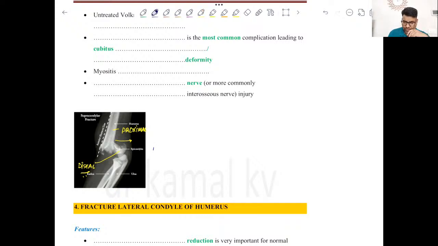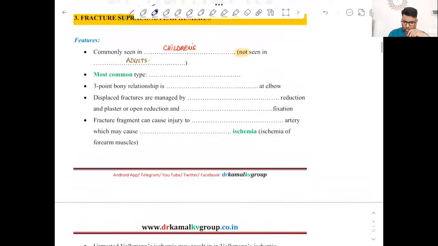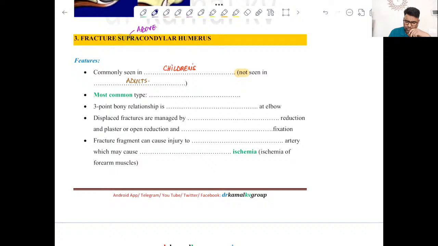So this type of variety is known as extension type. Clear? Suppose if it moved forward towards somewhere here, then in such cases we would have called it flexion type, right? So this is the flexion variety. Out of the two, the commonest one which is seen in clinical practice is the extension variety.